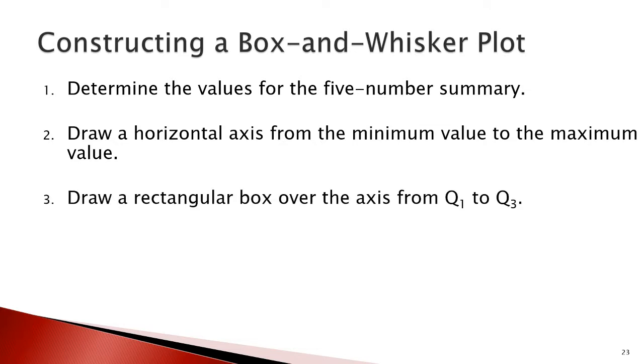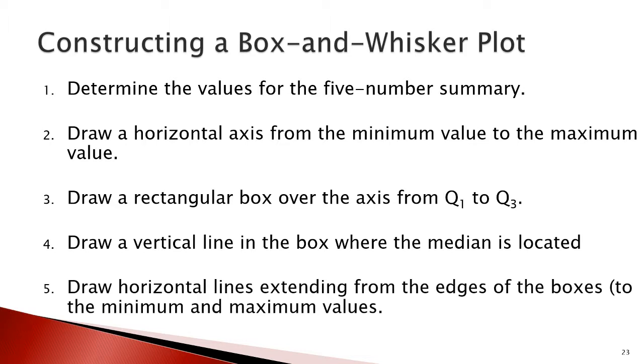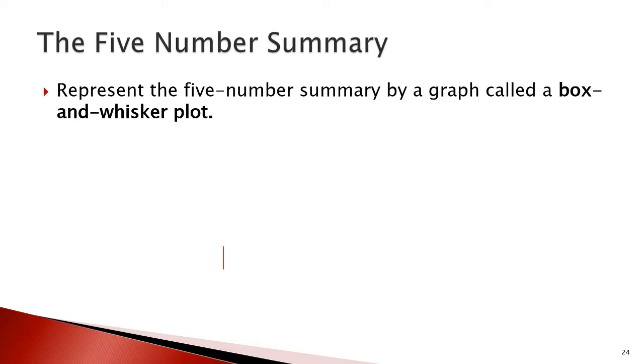Then draw a rectangular box over the axis from the first quartile to the third quartile, and draw a vertical line in the box where the median is located. Finally, draw horizontal lines extending from the edges of the box to the minimum and maximum values.